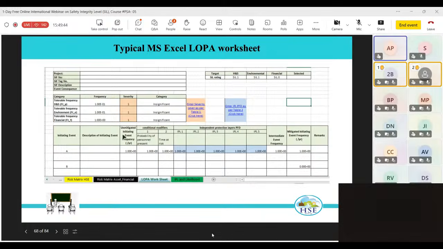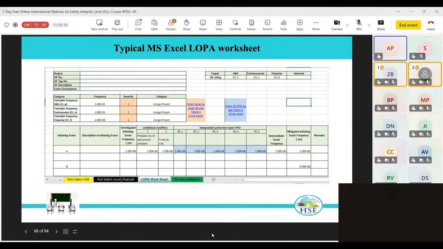You need to enter the severity from the table. According to the severity, it will automatically give the frequency and category according to the risk matrix. For building this worksheet, we are using CCPS guidelines, so those guidelines are picked up here.